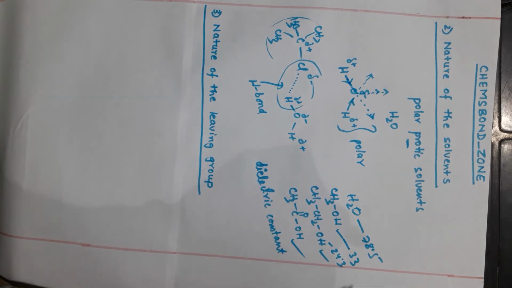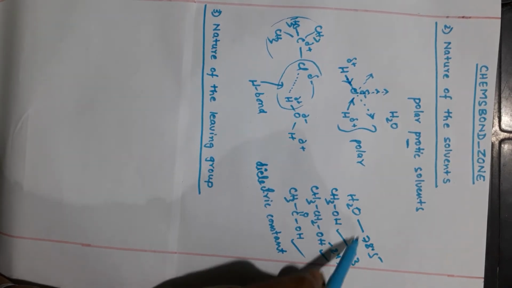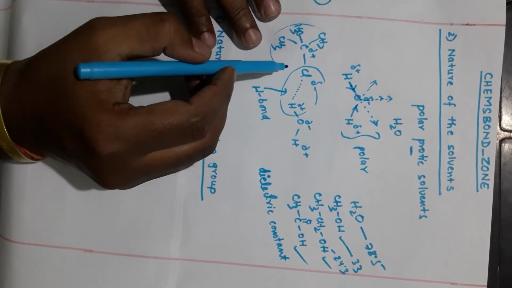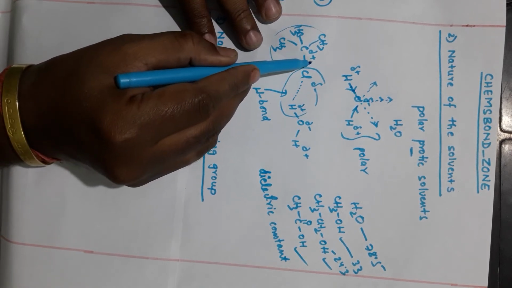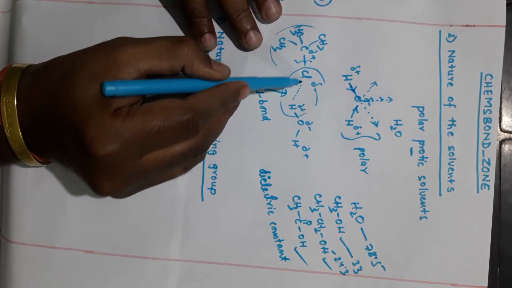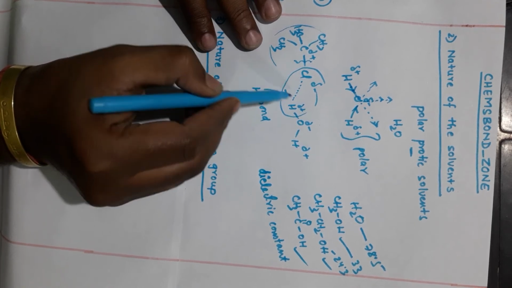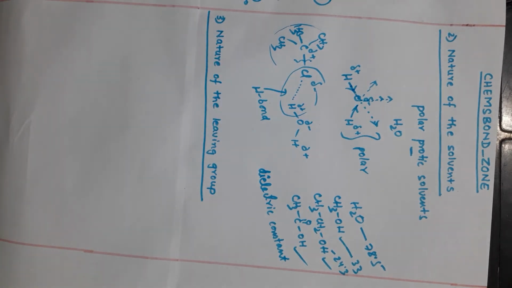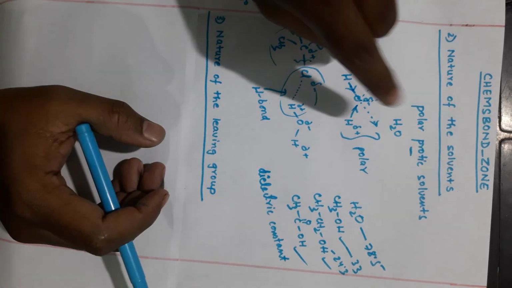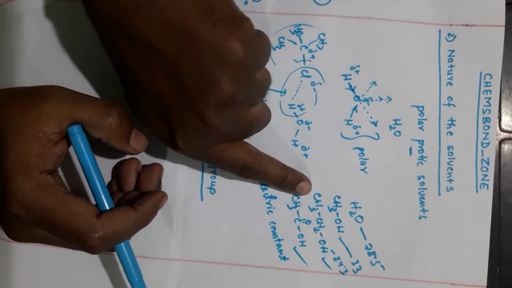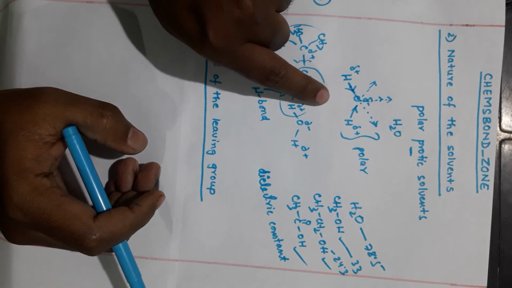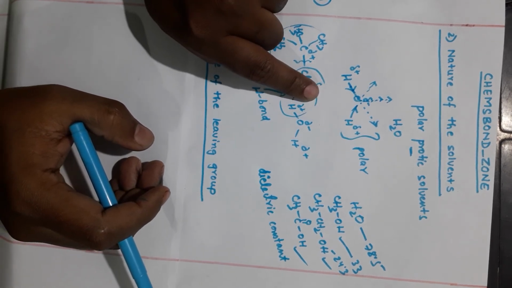So among these three, which has the higher dielectric constant? Water. A solvent with higher dielectric constant can easily break this bond because it has higher affinity for the formation of the hydrogen bond. Is it clear? So, very simply, polar protic solvents are favorable, and the polar protic solvent with higher dielectric constant will be better for Sn1 reactions.